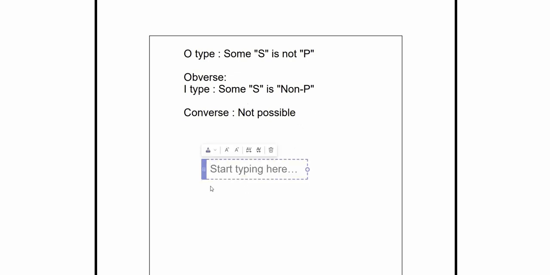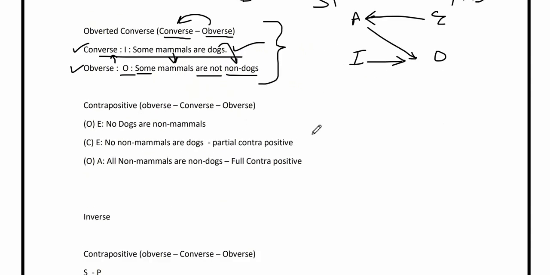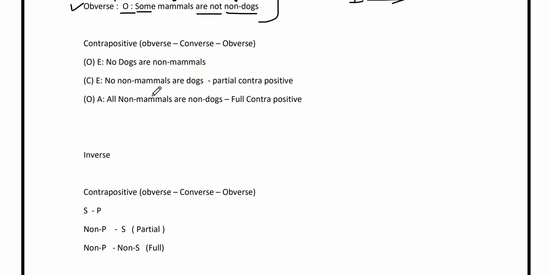Now let's look at the contrapositive. For contrapositive and inverse, we'll use a diagram. I am going to use the diagram for inverse, but for contrapositive also we can use the diagram because it's much simpler than doing, for contrapositive, obverse, converse and obverse. For contrapositive we start doing the obverse first, then do the converse of it, and then do the obverse to come to contrapositive.